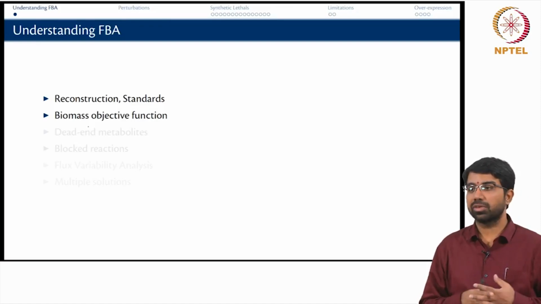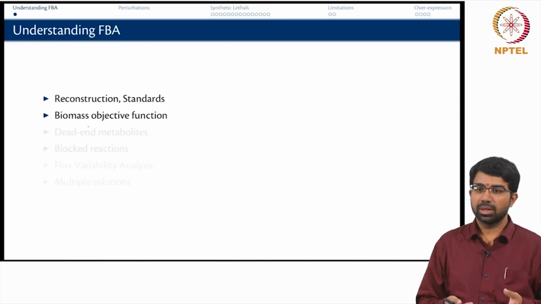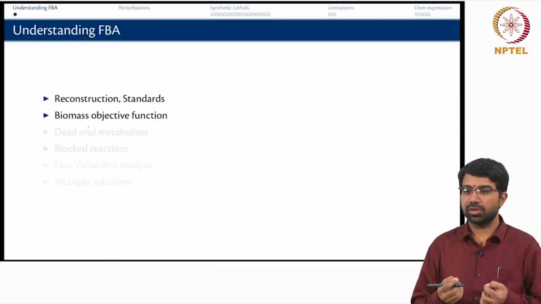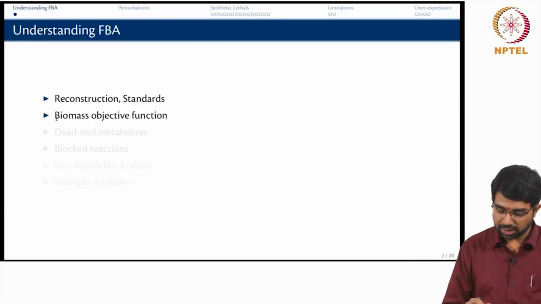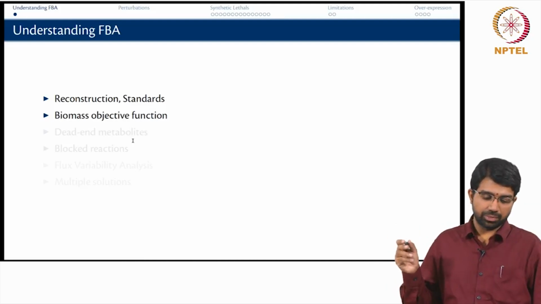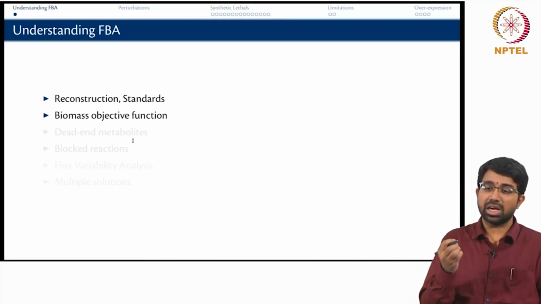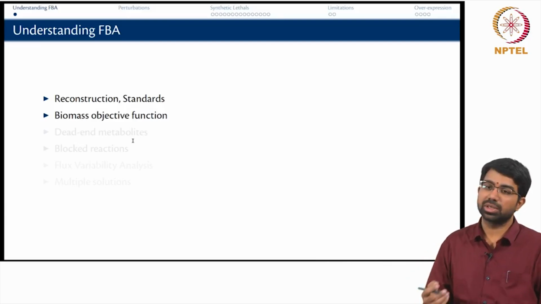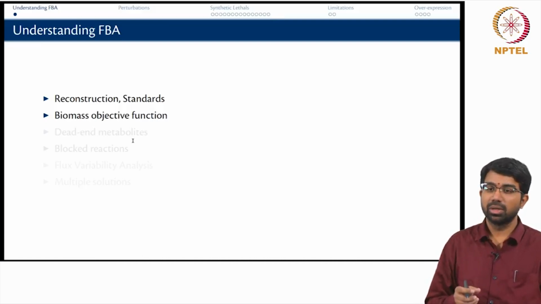So, the choice of objective function becomes super critical when we are talking about FBA, right. So, FBA relies on that objective function to pick one flux distribution in the end. So, this is quite important, and usually this happens by sort of estimating the fractional composition of various things, what are the carbohydrates, what is the amount of glucose in the cell mass and so on, right.